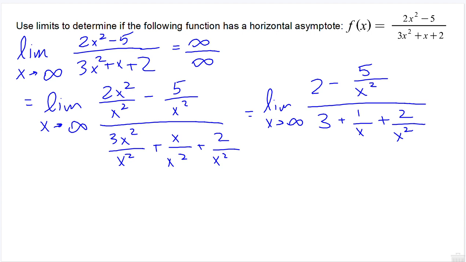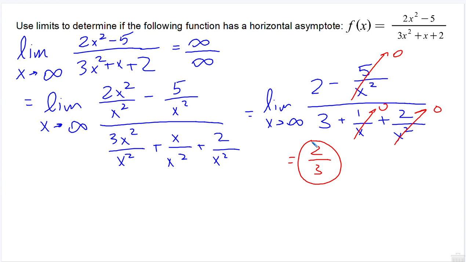In fact, they're going to get exceptionally close to 0. They're going to get insignificantly small, right? 5 divided by infinity squared is effectively 0. 1 over infinity, 0. 2 over infinity squared, 0. And so we're just left with the limit as x approaches infinity of 2/3, which is 2/3.